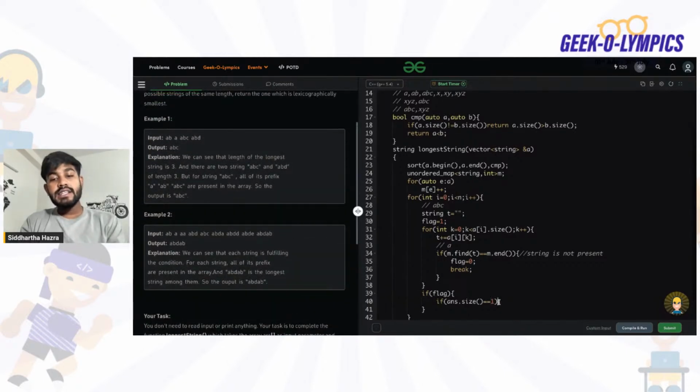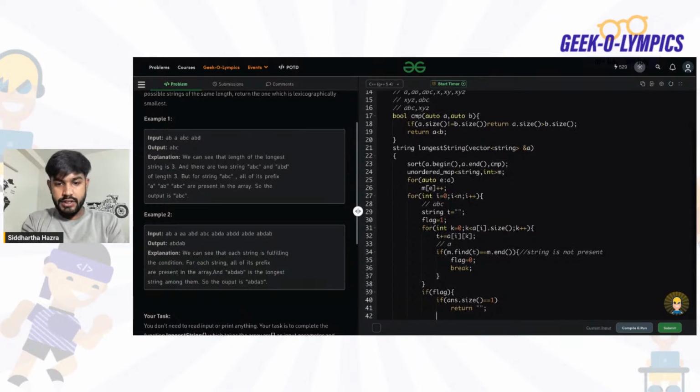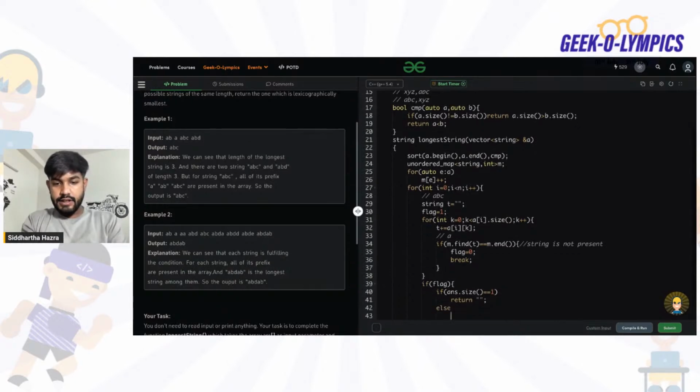Okay, so अगर abc, I tried to find abc itself. So if answer dot size is equal to 1, I would say return a blank string, else return the answer.